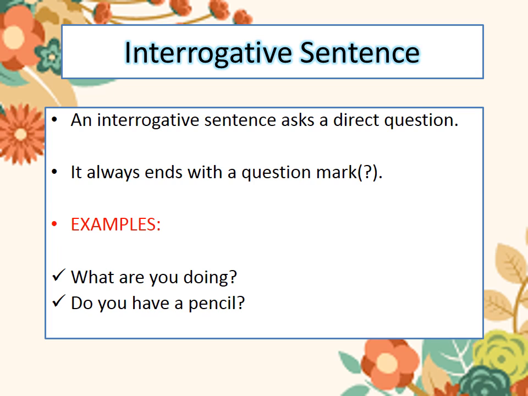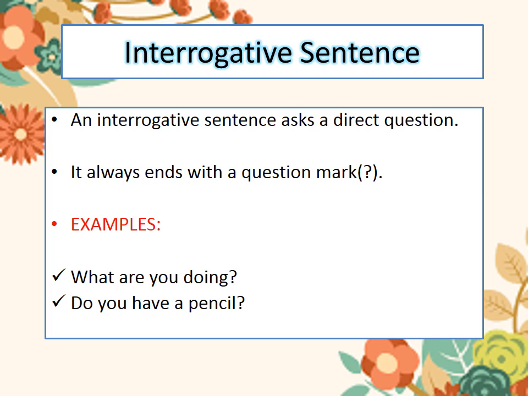First, with the help of a question word, and second, the interrogative sentence begins with a helping verb. Helping verb is also known as an auxiliary verb. Let's look at the examples. What are you doing? This is an interrogative sentence with a question word.